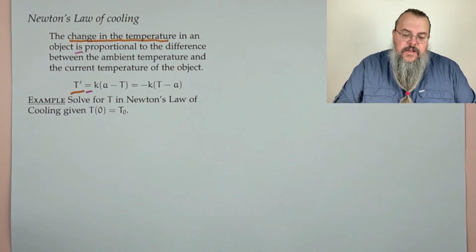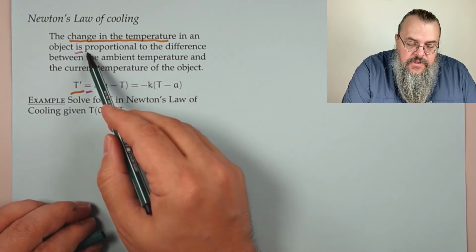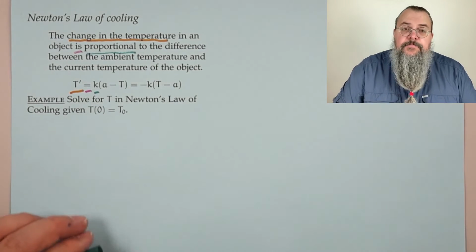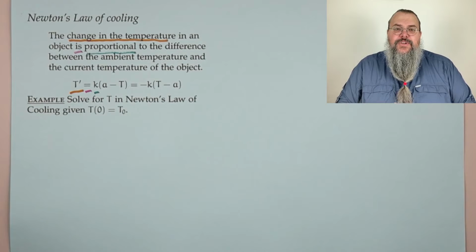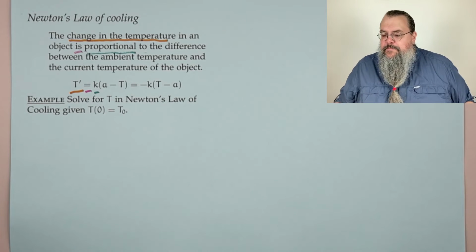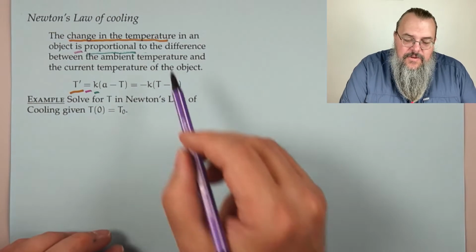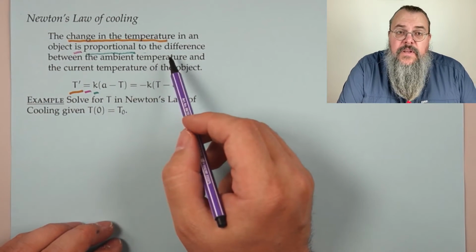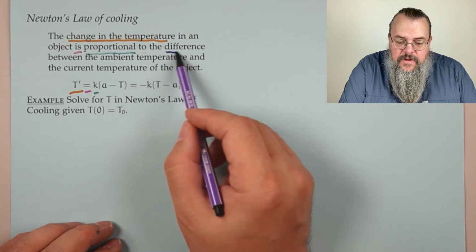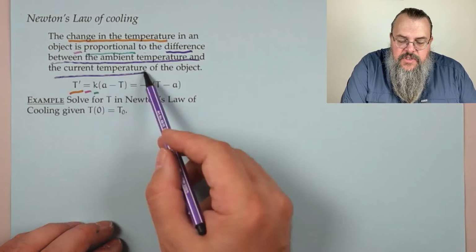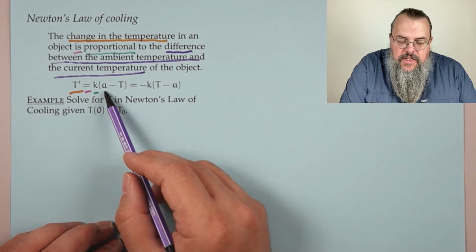Okay, moving right along. Proportional to. So proportional to means constant. So whenever you see the word proportional to, that means just, oh, hey, there's a constant involved. And finally, we say proportional to what? Well, the difference between ambient temperature and current temperature. So here, I'm looking at a difference.